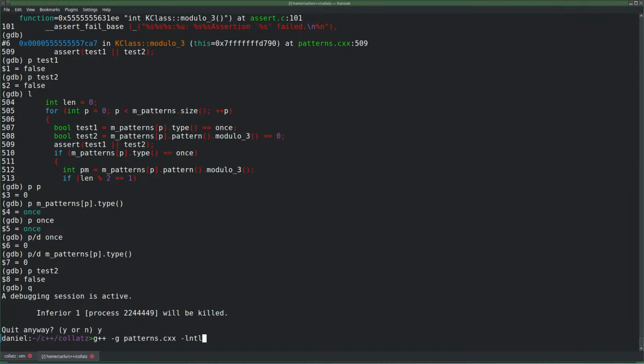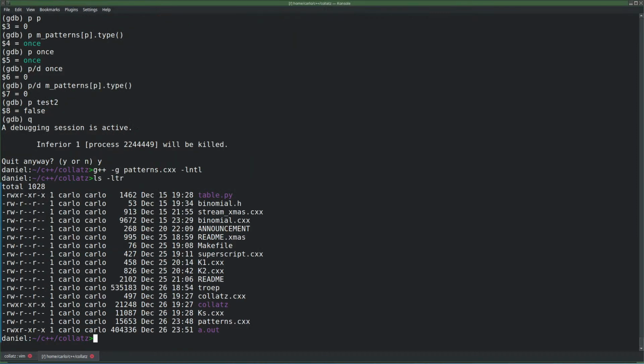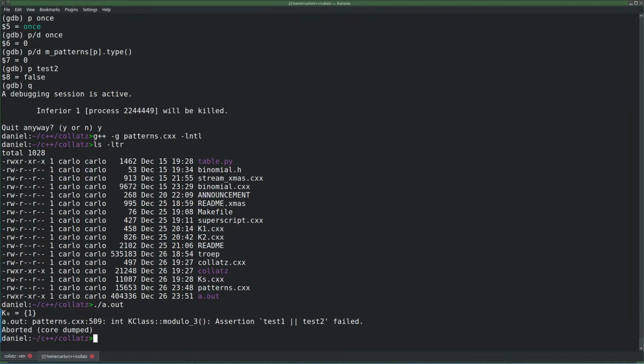Compile it. It succeeds. It produced an a.out. I run a.out without the debugger. It asserts. It makes no sense. Seriously. That makes no sense whatsoever.